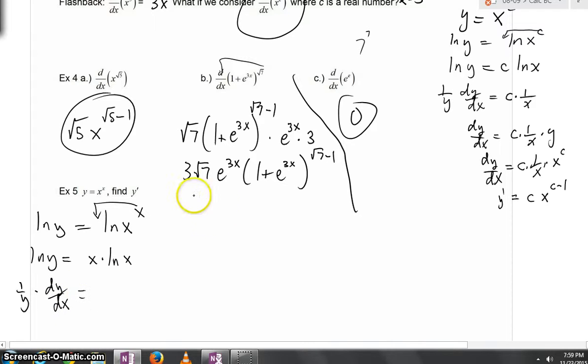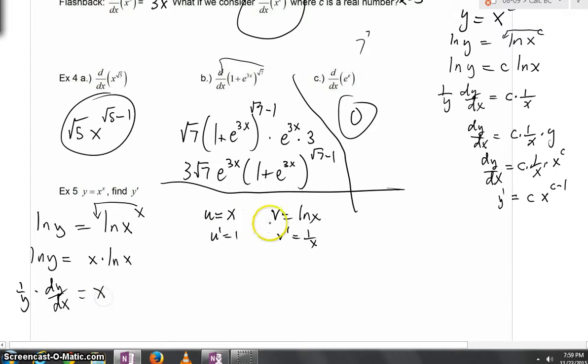However, on the right, we're going to need the product rule. u is equal to x, v is equal to natural log of x, u prime is 1, v prime is 1 over x. I think you can see quickly we'd have x times v prime, x times 1 over x, plus 1 times natural log of x.